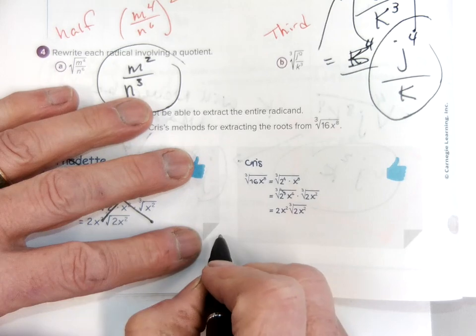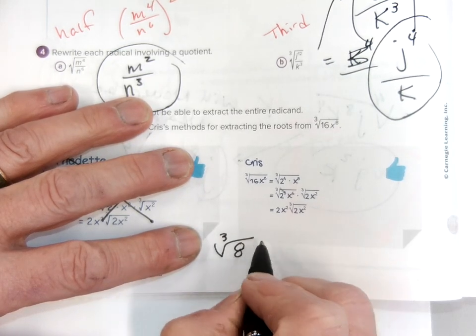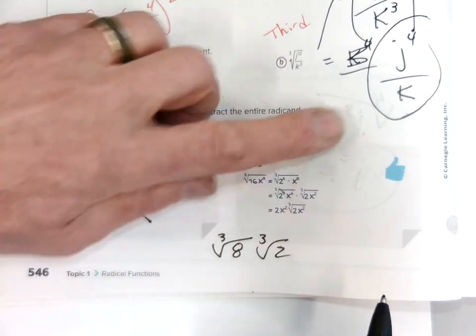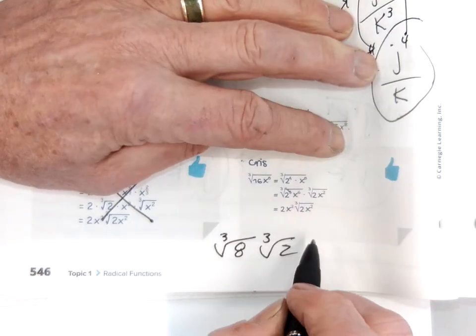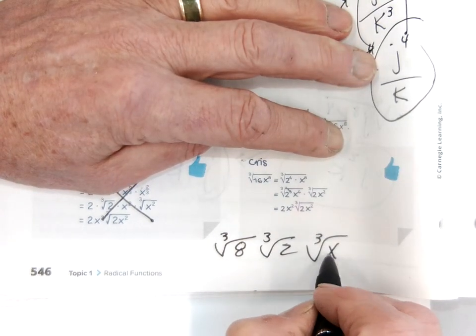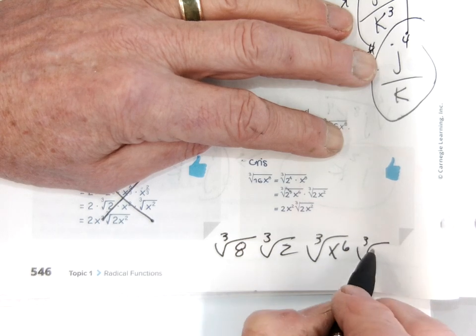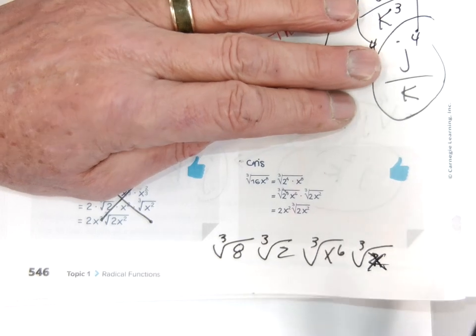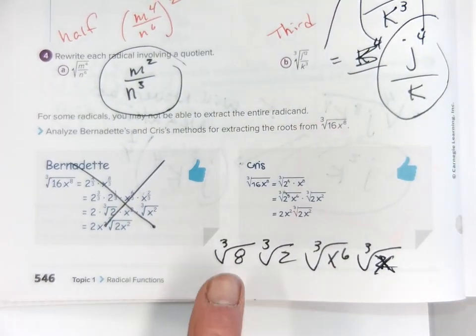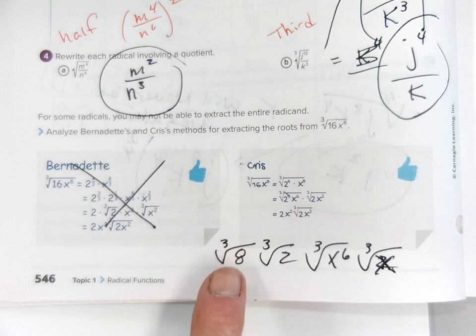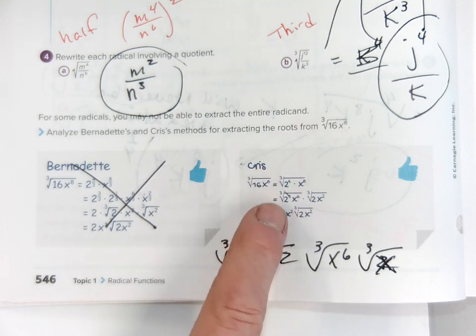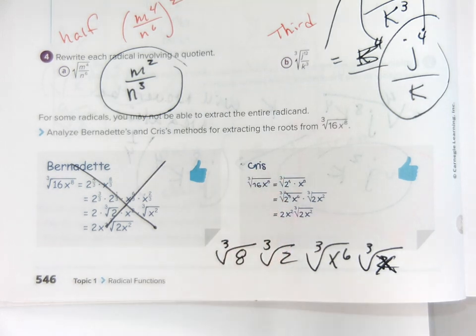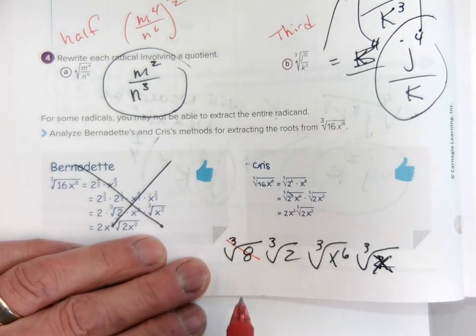Chris took the cube root of 8, the cube root of x6 and the cube root of the rest. Sorry, so sloppy, okay? We know 8's a perfect cube, right? And Charles, you see Chris kind of does it the way I do it, right? Everybody agree that that's 2?